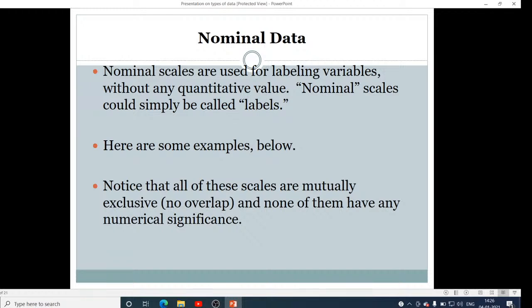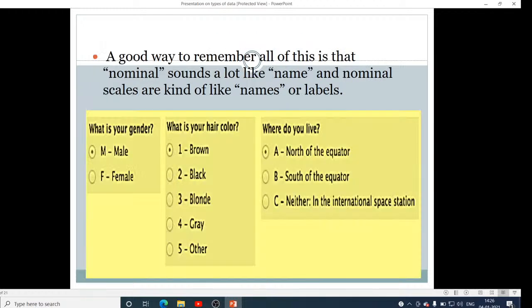Here are some examples below. A good way to remember is that nominal sounds a lot like name, and nominal scales are kind of like names or labels. I already explained in the previous slide: we coded M for male, or 1 for male, 2 for female. These are labels.